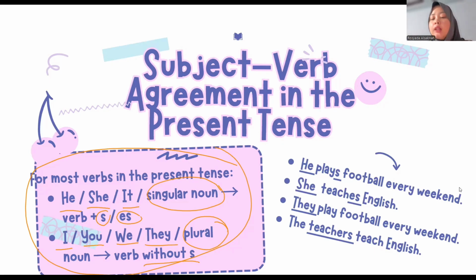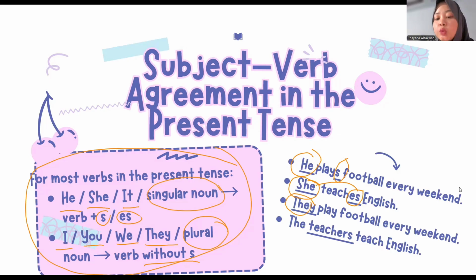For example, he plays football every weekend. He is singular, so we add an s at the end of the verb. She teaches English. She is singular, so we add an es at the end of the verb. They play football every weekend.